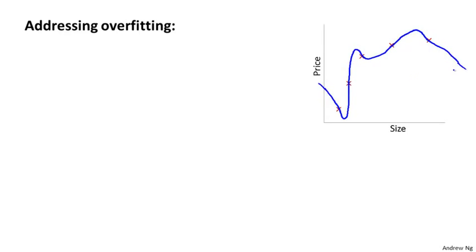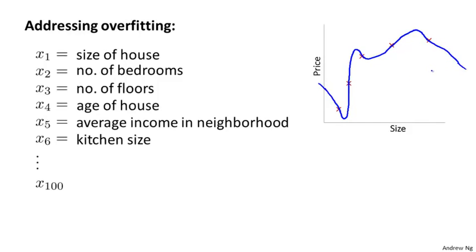So plotting the hypothesis could be one way to try to decide what degree polynomial to use, but that doesn't always work. And in fact, more often, we may have learning problems where we just have a lot of features. And it is not just a matter of selecting what degree polynomial, and in fact, when we have so many features, it also becomes much harder to plot the data and much harder to visualize it, to decide what features to keep or not.